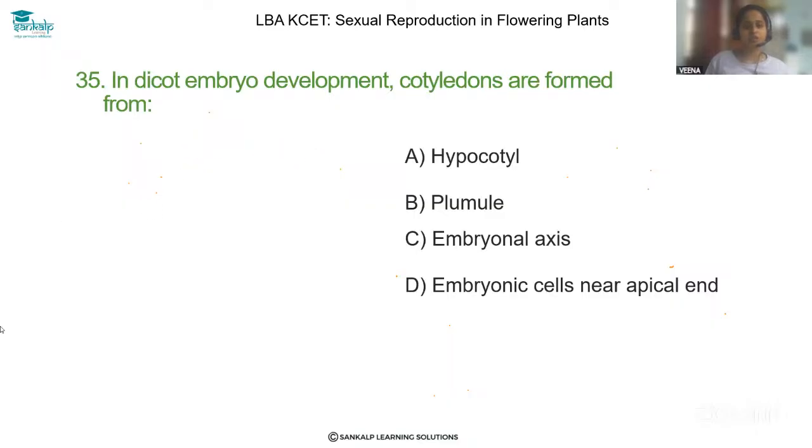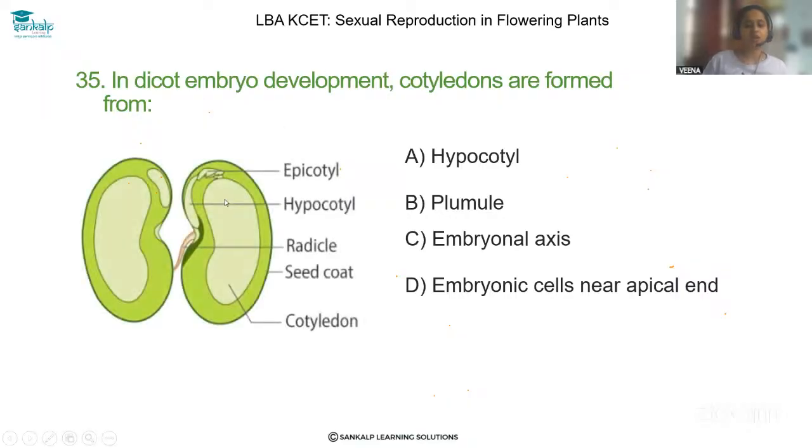Let's solve question 35. In a dicot embryo development, cotyledons are formed from. If you observe the structure of the dicot embryo, let me draw the structure here.